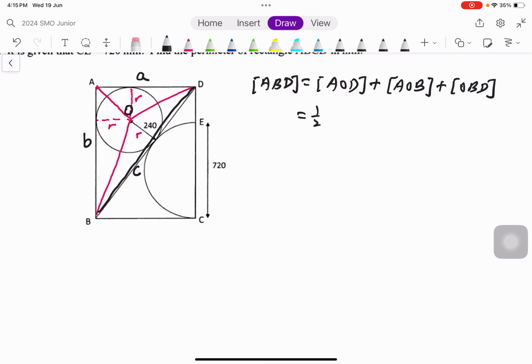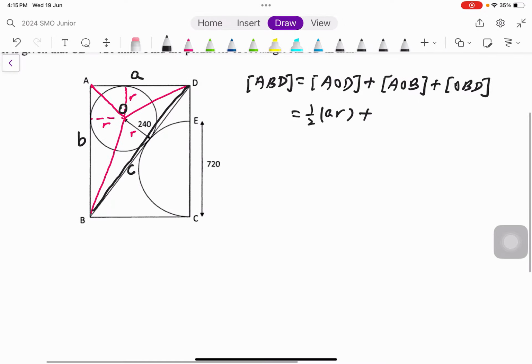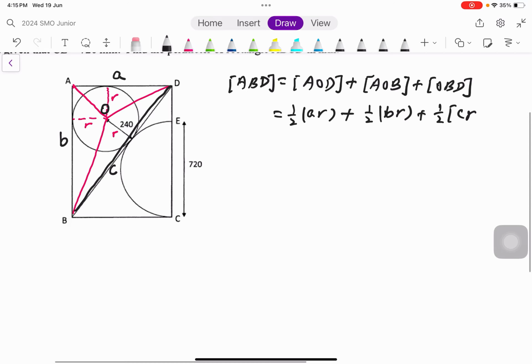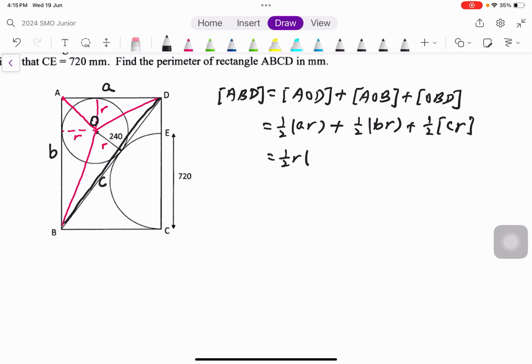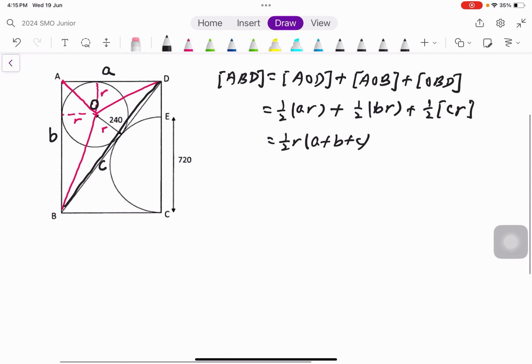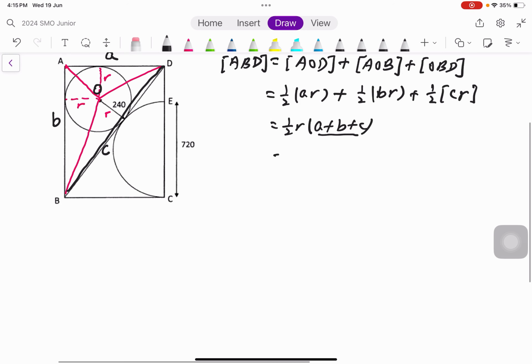Therefore, this would be equal to half A times R. And then after that, AB would be equal to half B multiplied by R. And the last one is half C times R. All right, therefore, you can see that it is half R multiplied by A plus B plus C. A plus B plus C is actually the perimeter. Therefore, in this case, we say that R is equal to A plus B plus C over 2.